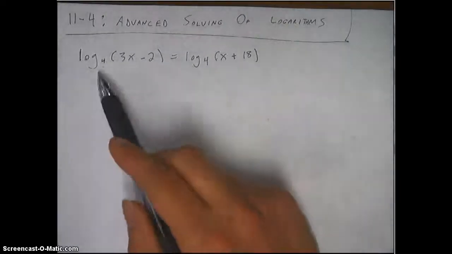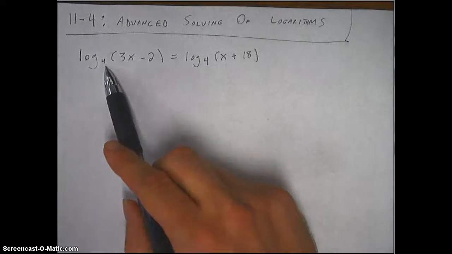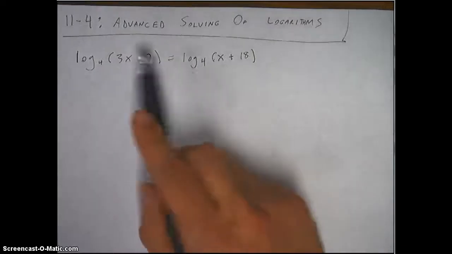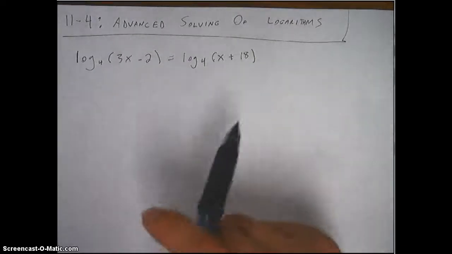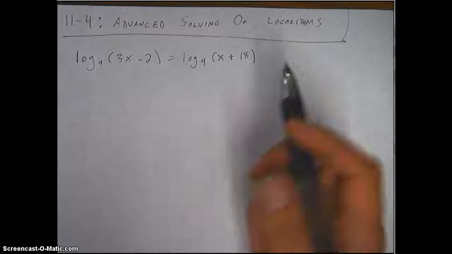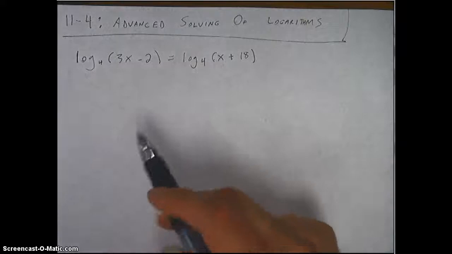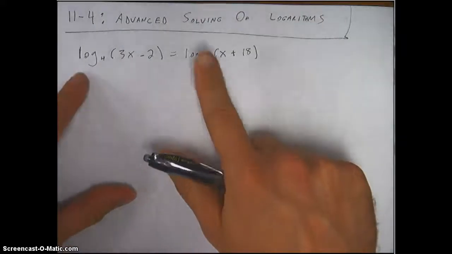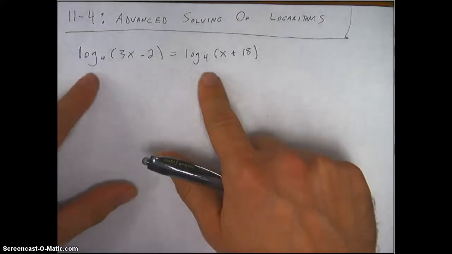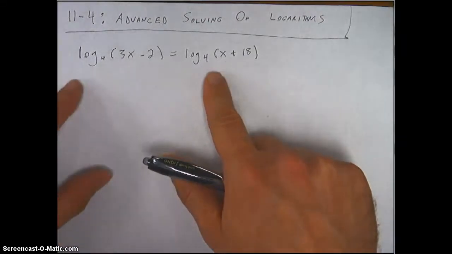Whenever you've got a log of the same base on either side of an equal sign, you can essentially ignore the logarithms to solve for x. If we're trying to get the x by itself, and you see two logs, same base, they're essentially going to cancel each other out.